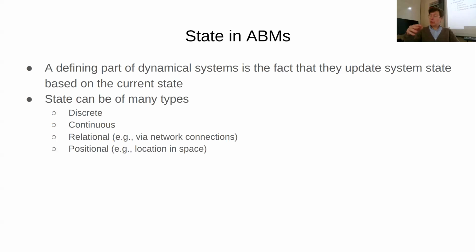They're most commonly created in a tradition where we have discrete quantities, but very frequently we have continuous quantities that need examination. More than that, though, the elements of state can be relational, right? We can have aspects of connections between people. My connections change over time.